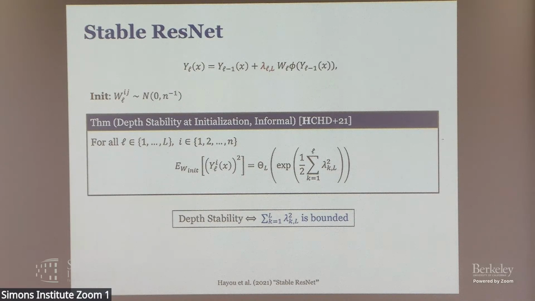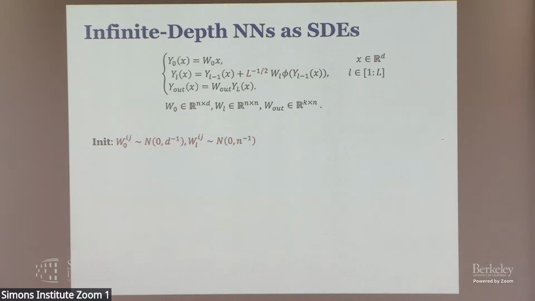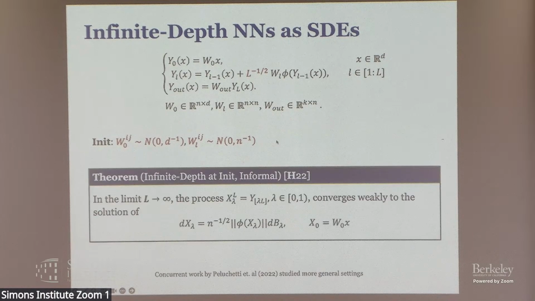All right. So actually, if we put the 1 over square root of depth in front of this block, we can show something more theoretically interesting. If we initialize the weights with 1 over fan-in, then in the limit, when we take the depth to infinity, we can show that the layers of this neural network converge to something like a stochastic differential equation.